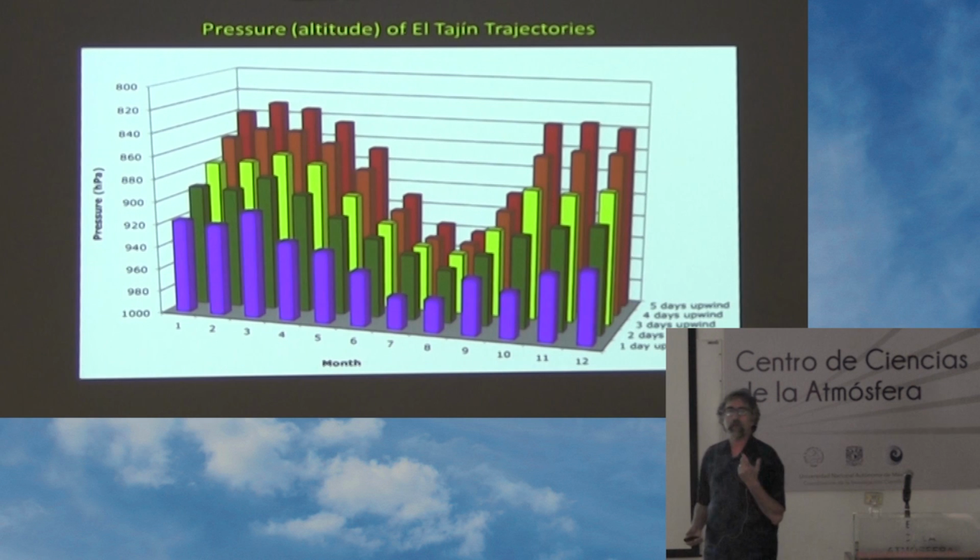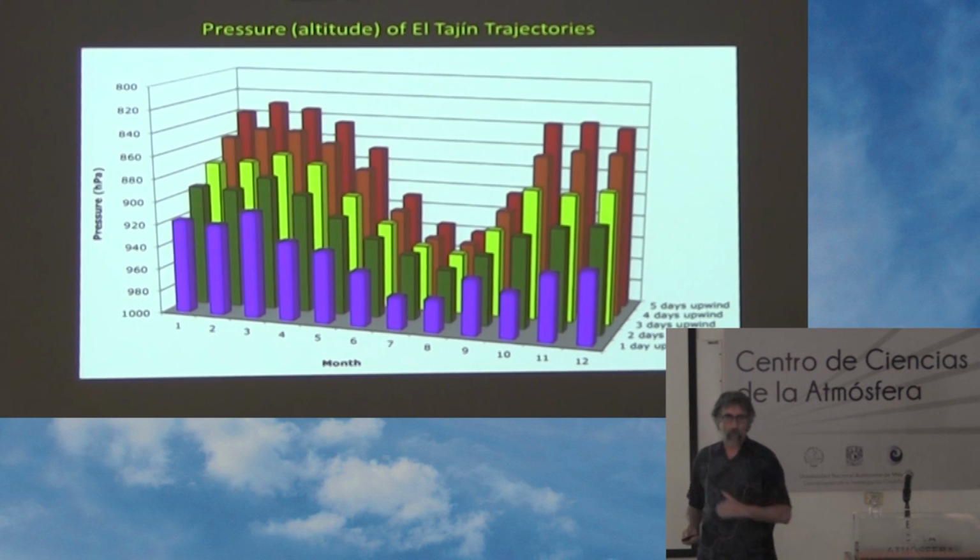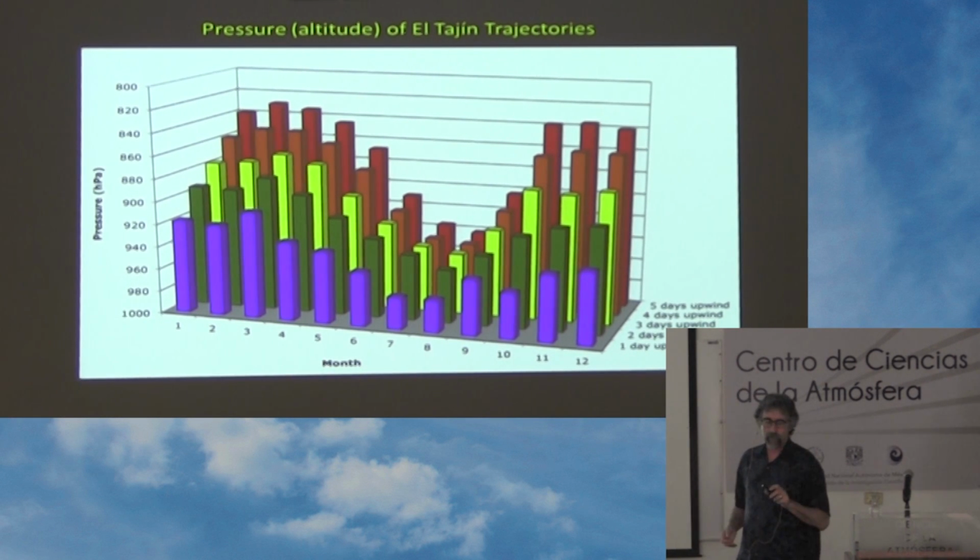Okay, now remember that the winds are three-dimensional. So when the air is moving from the east or from the north to Veracruz, it might be moving up and down as well. So the trajectory models can give us information about this, and this information is useful for estimating the sources of the contaminants that are measured.